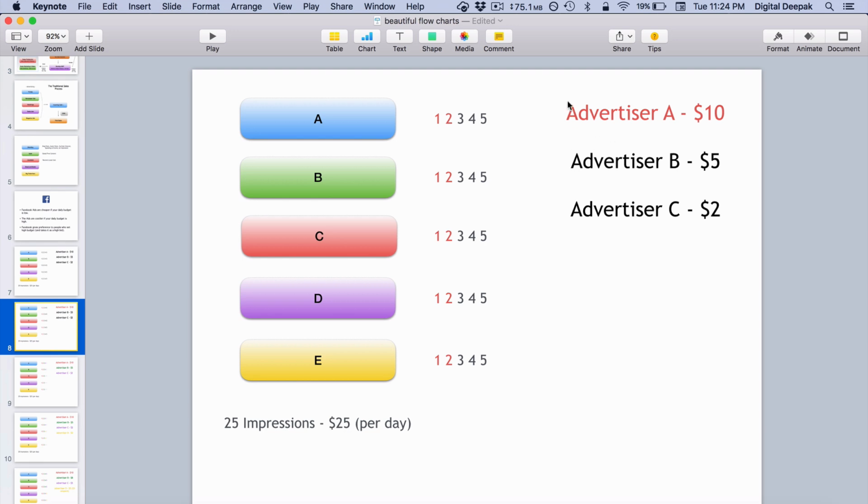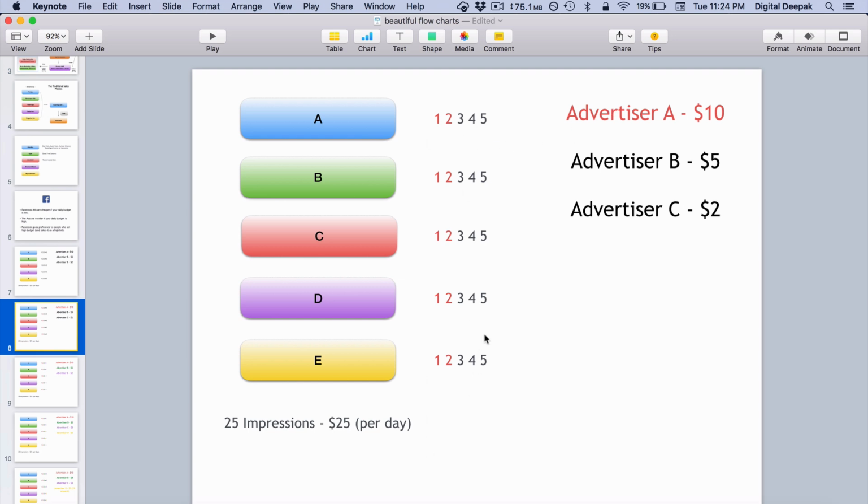That's why, to prevent ad fatigue, we recommend having multiple different ad images and multiple different ads inside an ad group. That is a topic for another video, but you can understand that advertiser A is being shown two times.